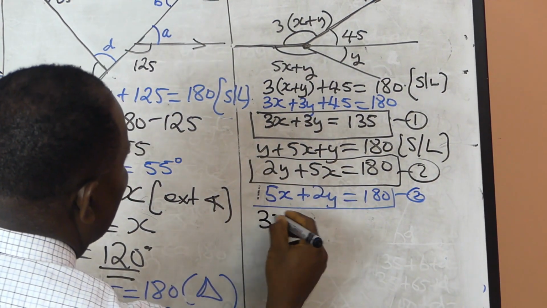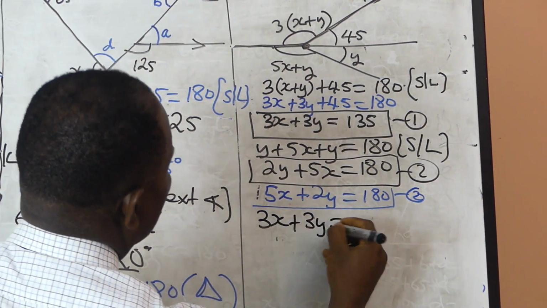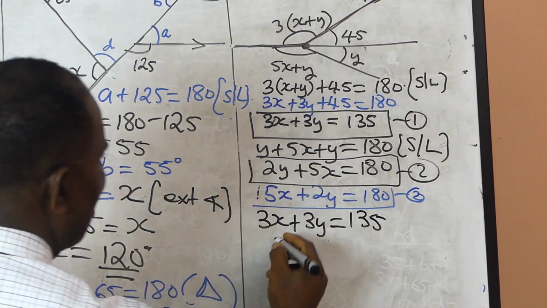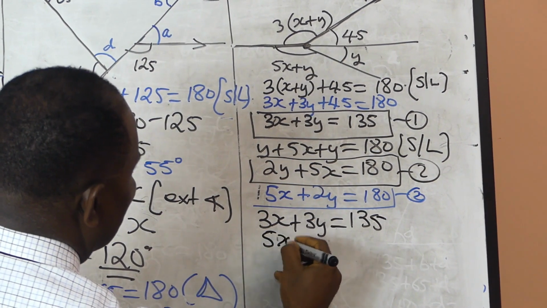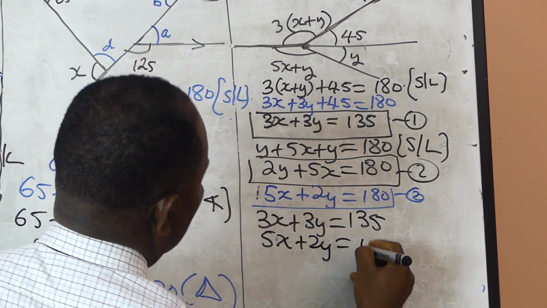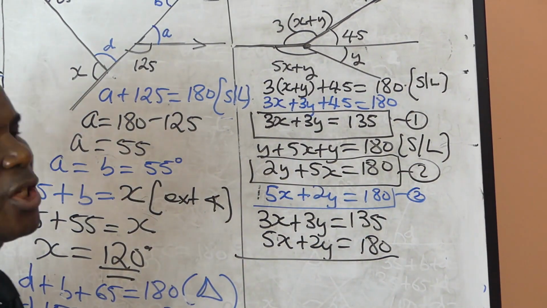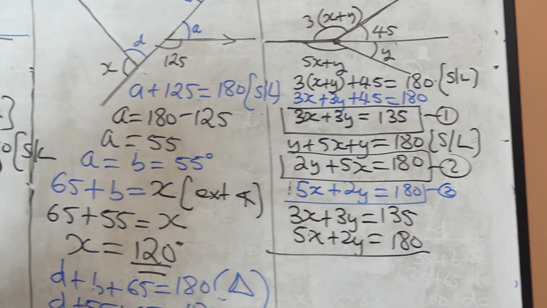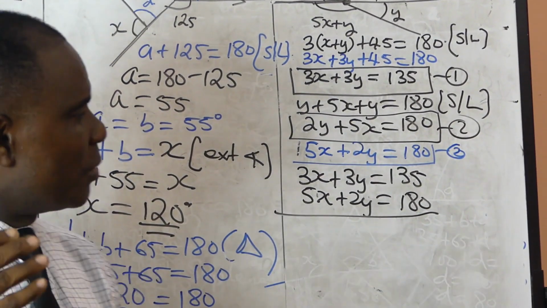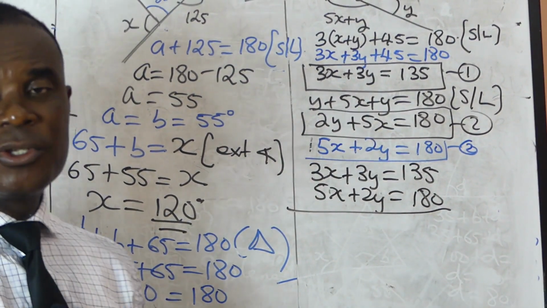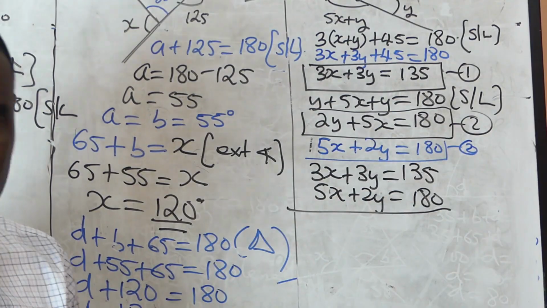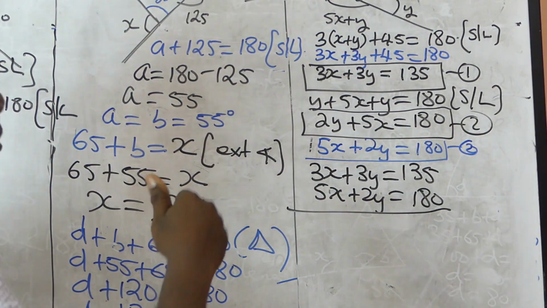This is 3x plus 3y is equal to 135. Then I also have 5x plus 2y is equal to 180. Now the plane geometry application stops there. This one is algebra. It's a simultaneous equation now, so we solve them simultaneously and find the values of x and y.